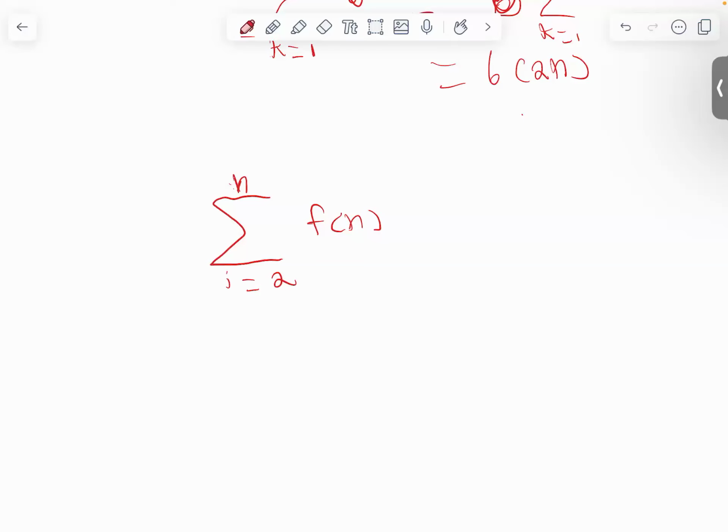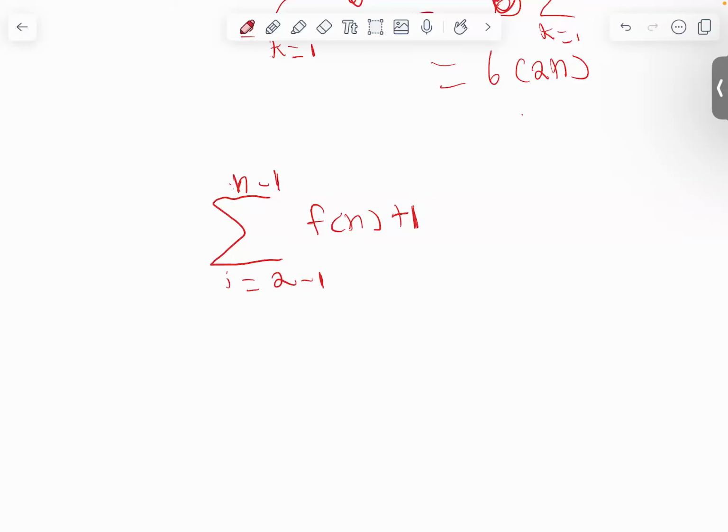So you want to evaluate the closed form of the summation, but you can't because your index starts at 2. So what you would do here is subtract 1 from the bottom bound, subtract 1 from the top bound, and then add 1 into your summation.